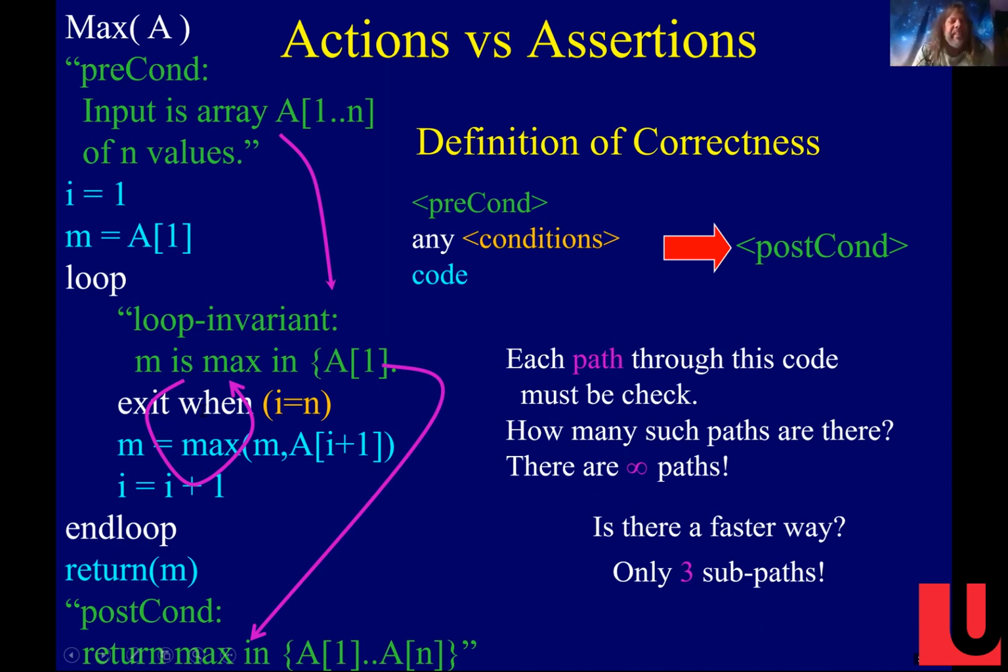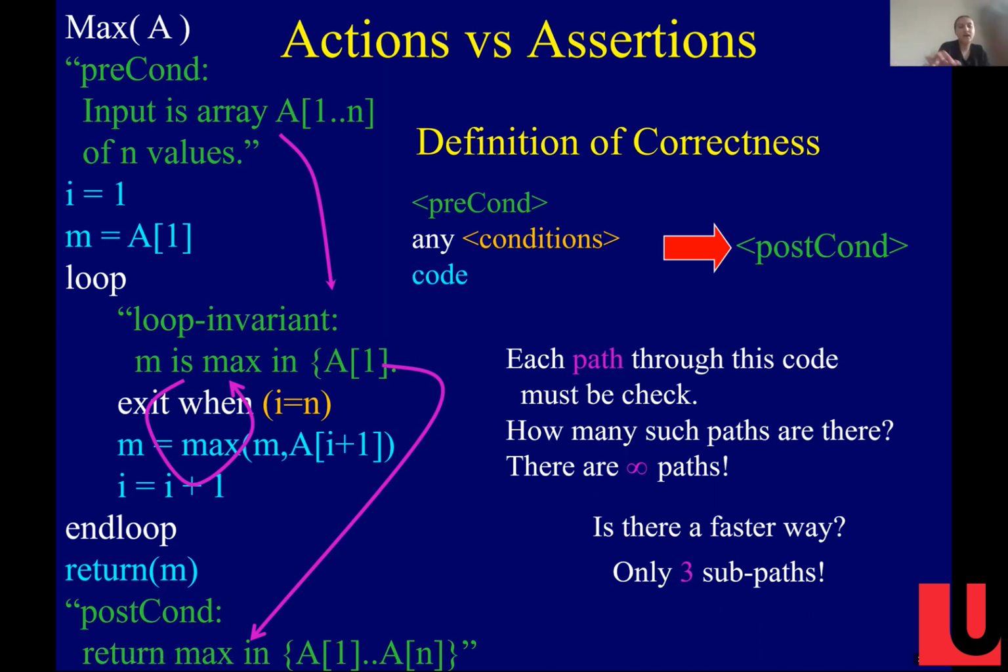Right? You can think about this exit as an if statement. We're at the top of the if statement. We have an if statement that says, if the exit condition is not true, then do this code. And if the exit condition is true, then skip that code and come down and do this code. Right? Does that make sense?